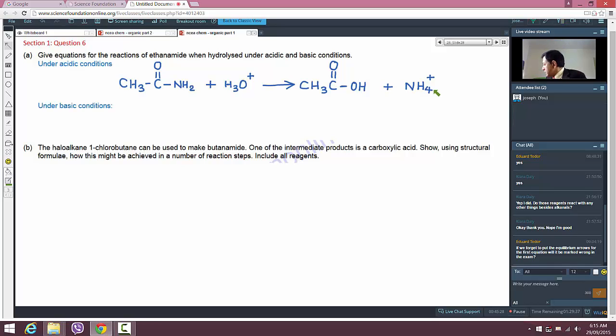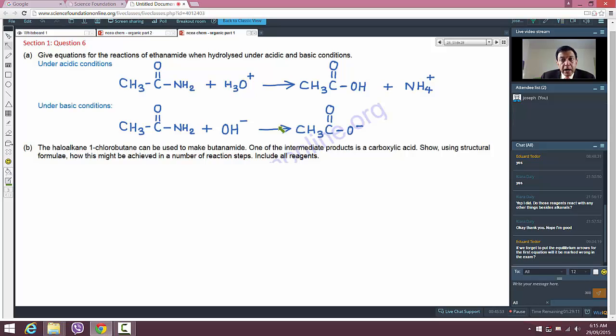Right. Then let's look at what happens under base conditions, which is also what they wanted next. So we have our ethanamide under base conditions. You break that bond. So our acid won't stay as the free acid, but it will be the corresponding alkanoate ion, the conjugate base of that alkanoic acid.